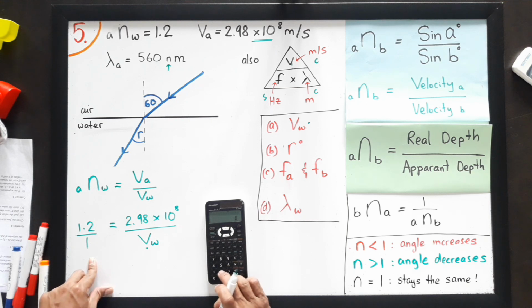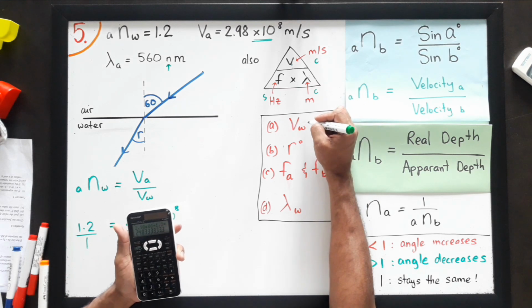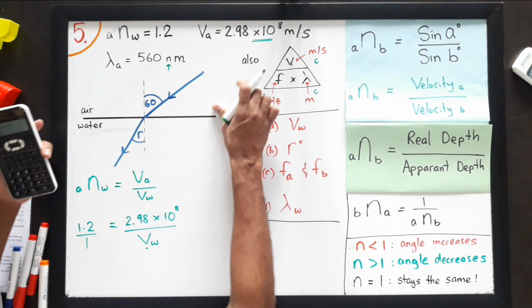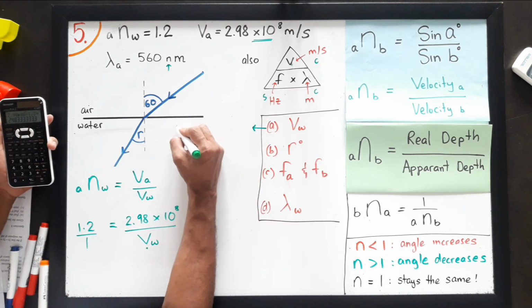So it will be 2.98 exp 8 divided by 1.2. And if you got something close to this, oh, it's a big answer. I'm going to put my answer in standard form. Actually, no, I won't put it in standard form.